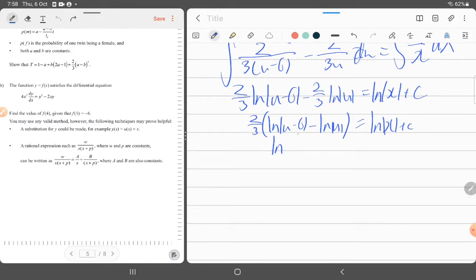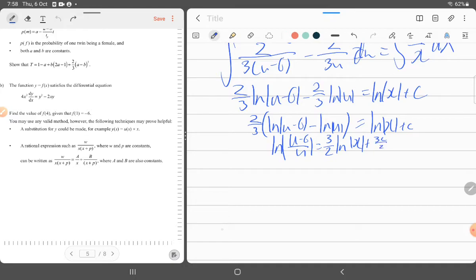Natural log of u take away 6 over u is equal to 3 over 2 natural log of x plus 3c over 2.